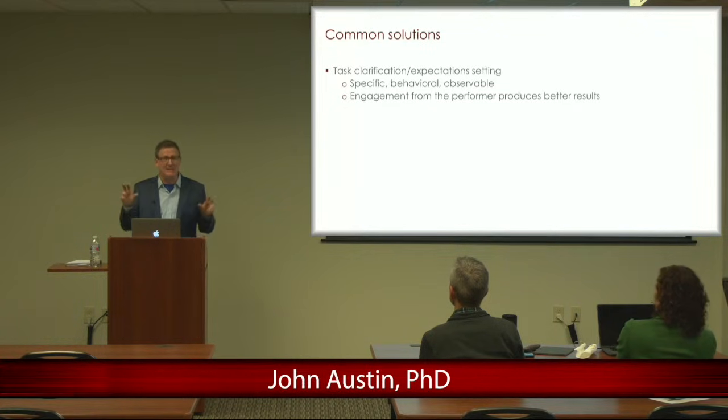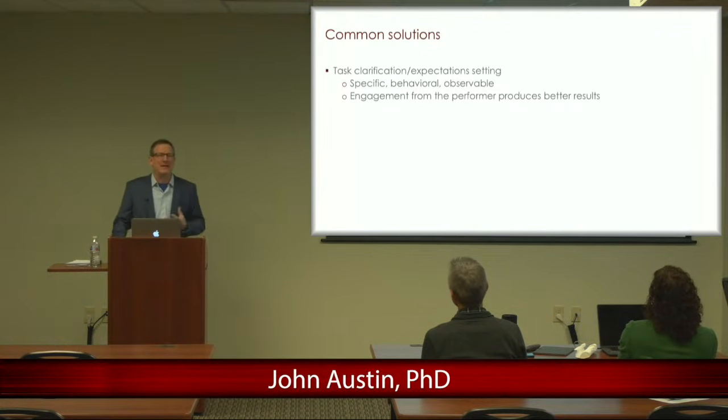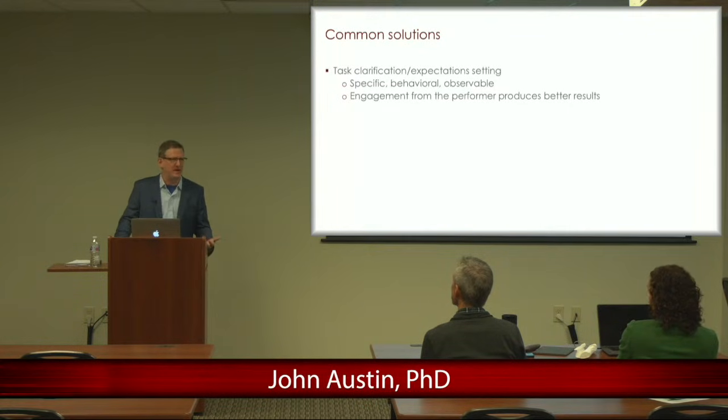In the modification days of the 60s, it was probably a whole lot more common for a supervisor to tell you what the expectations are and then fire you if you don't do them, right? But now, we've found that it's a whole lot more effective to have a discussion about it, gain commitment from the person, and while you're doing that, uncover any possible barriers to engaging in the performance and stuff like that.